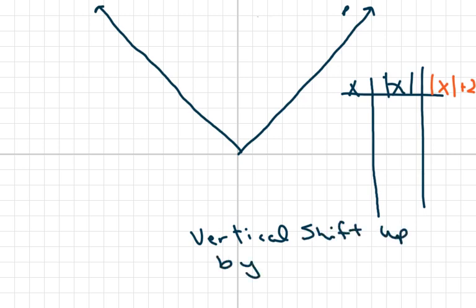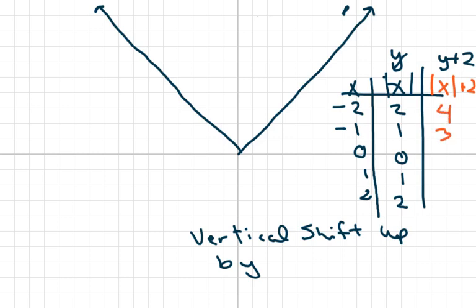And I didn't plug these in, so I'm just using -2, -1, 0, 1, 2. The absolute value would be 2, 1, 0, 1, 2. So all we're doing is we're adding 2 to the y. This is our y. And we're adding 2 to the y. So this would be 4, 3, 2, 3, and 4.